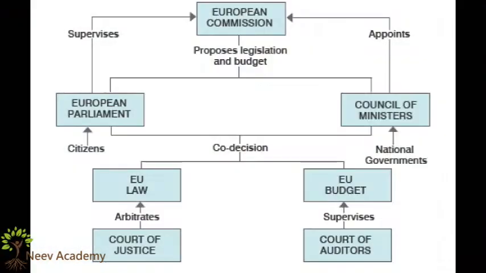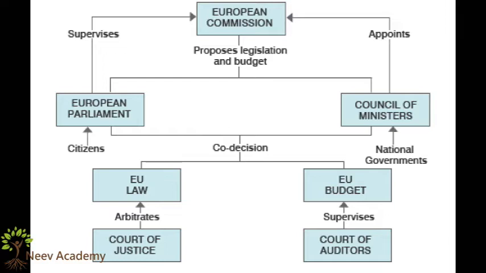This is how the EU works. You have the European Commission, which proposes and legislates and prepares the budget, etc. The European Commission is appointed, of course, by the Council of Ministers. Council of Ministers पे कौन रहते हैं? अलग अलग यूरोपियन देशों के जो मंत्री हैं वो Council of Ministers में रहते हैं. European Parliament elected directly by the citizens.